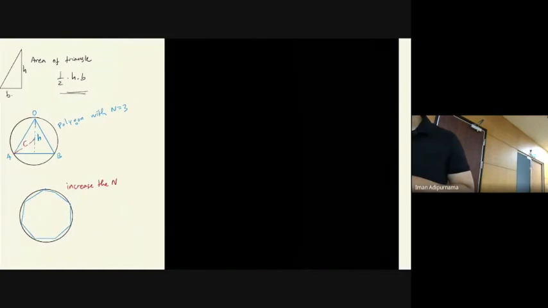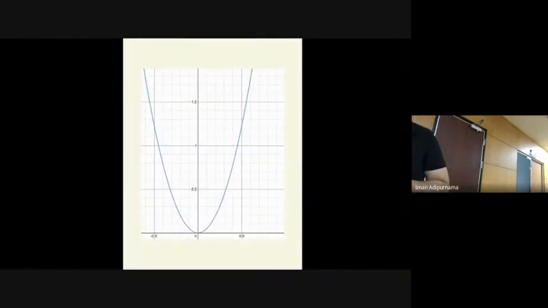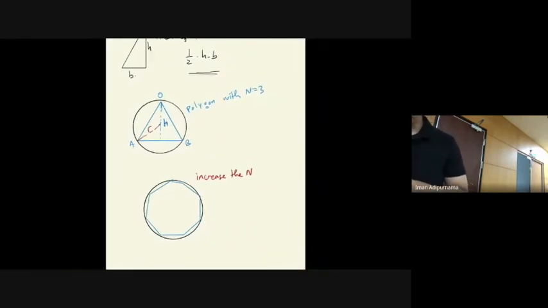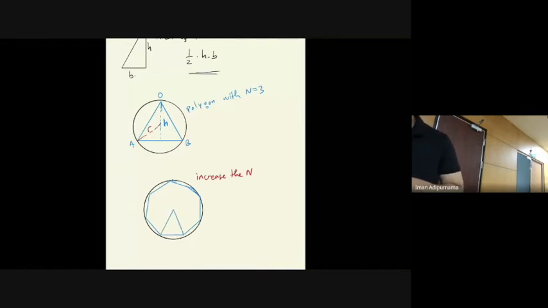So increase the n. So this is 1, 2, 3, 4, 5, 6, 7. Let's make it 8. So if you see here, I have a lot of triangles here.